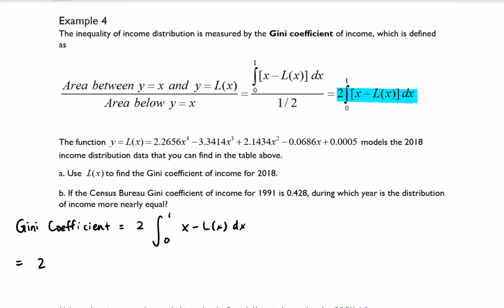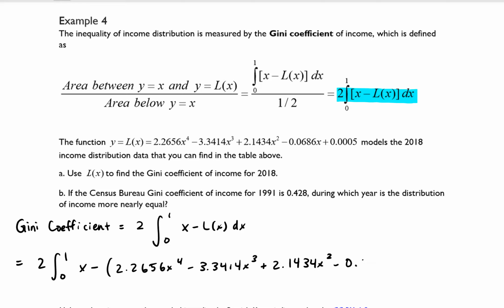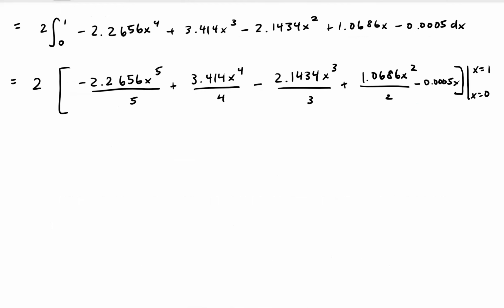So that equals 2 times the integral from 0 to 1 of x minus 2.2656 times x to the 4th minus 3.3414 x cubed plus 2.1434 x squared minus 0.0686x plus 0.0005 dx. So I went ahead and simplified the integrand in that first line that we see here.